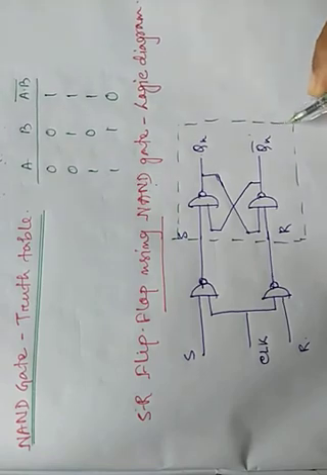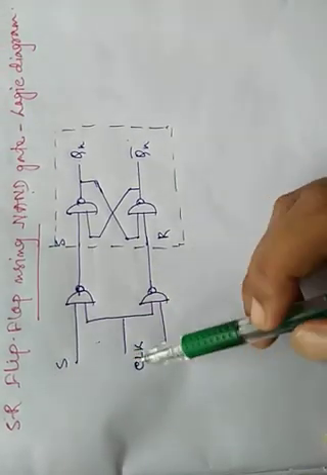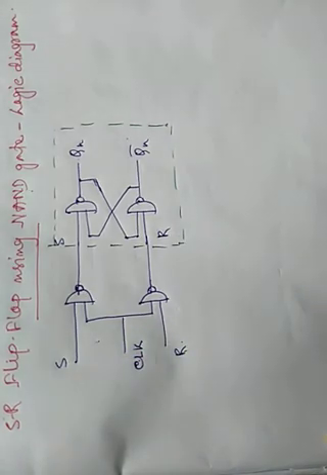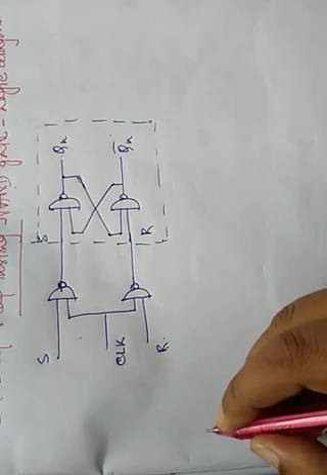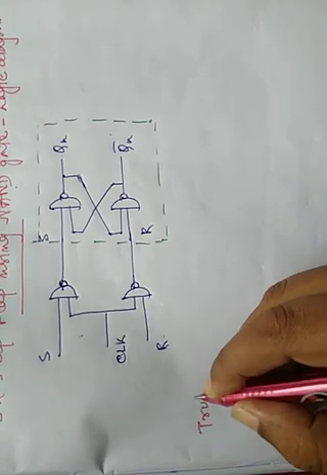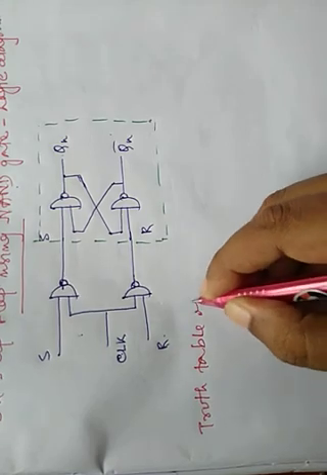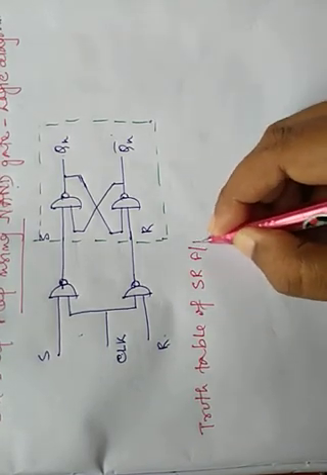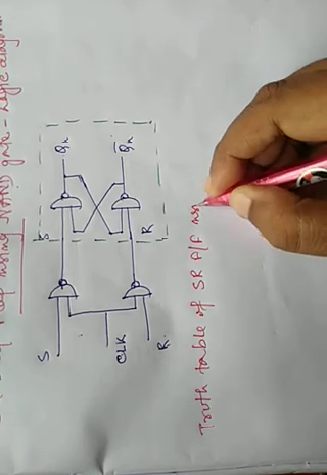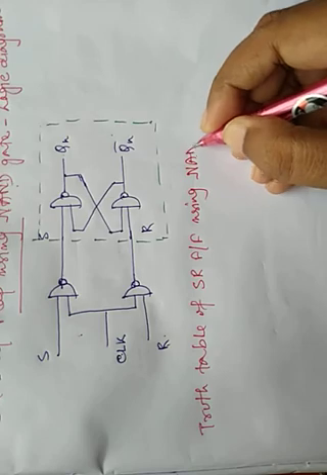Okay, now here the inputs are S, clock, and R, that means 3 inputs. So now let us draw the truth table of the SR flip-flop using NAND.